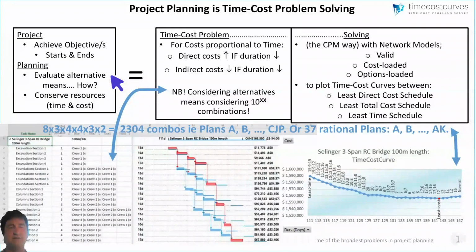Related to that, you need to use up resources in achieving these objectives. And they boil down to time and cost. Cost in the broader sense, not just money, but in terms of project planning, you're interested in the time-related costs.